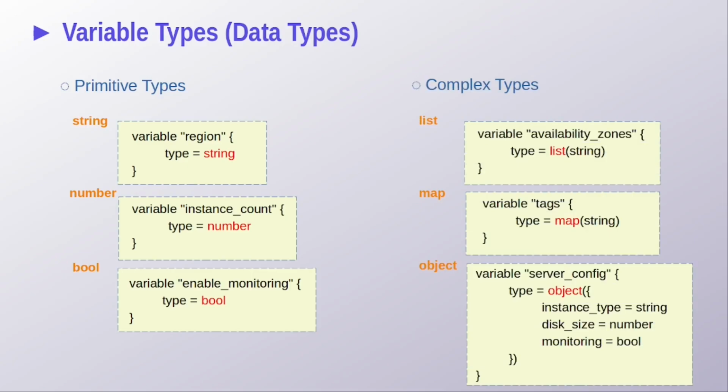Now let's move to more powerful types. List. A list is an ordered collection. A map is a key value pair. And an object is a structured variable similar to JSON. Objects are perfect for complex infrastructure configs.